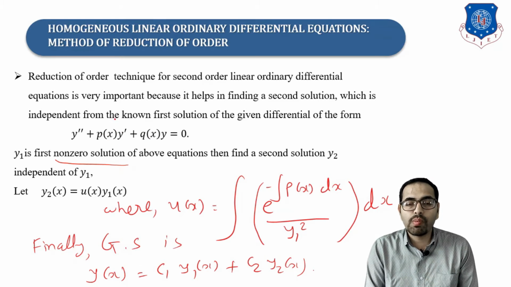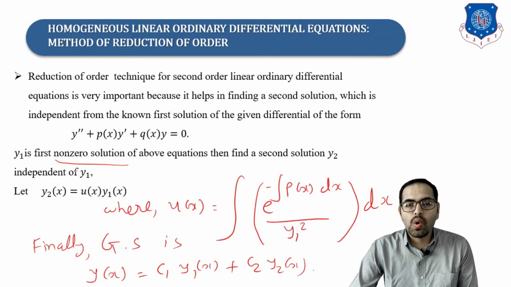With the help of the value of p of x, we find the value of u of x. We have the formula u of x equal to the integral, inside the bracket, of e raised to minus integration of p of x dx upon y1 square, dx. Find the value of u of x, substitute in this equation, and find the second solution.